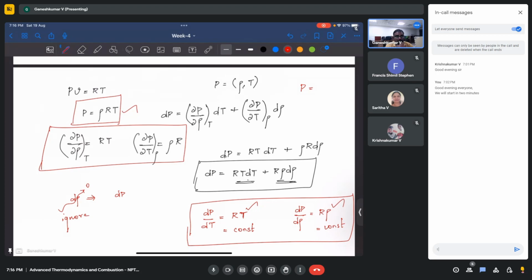We use volume expansivity, some beta function, right? So let's say we can write the density of a fluid to be something like rho naught plus beta times T, something like that we can write, right?